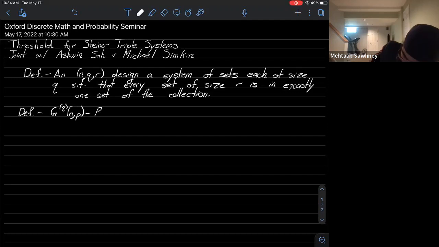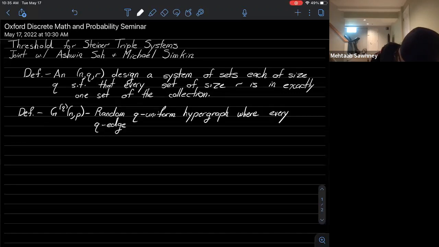This is the random q-uniform hypergraph where every q-edge is included with probability p. And notice that when q equals 2, this is exactly the normal G(n,p).